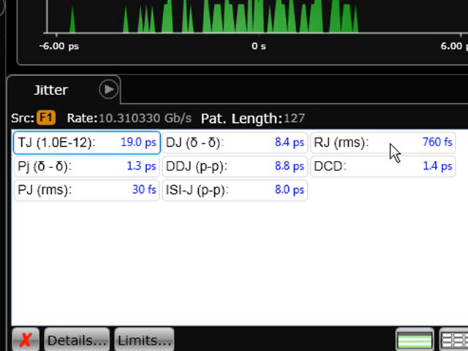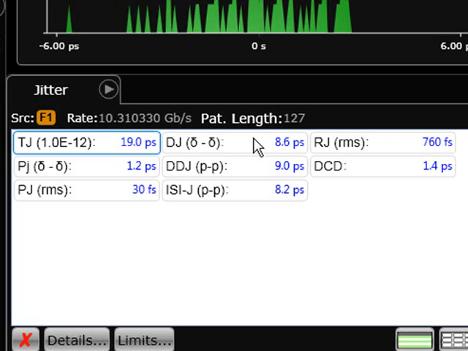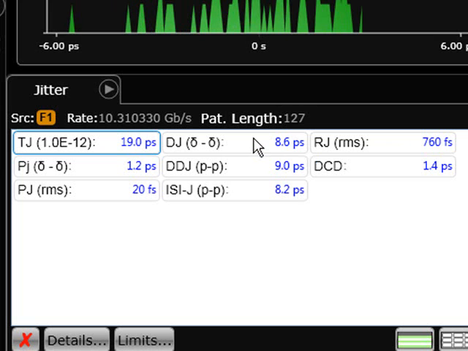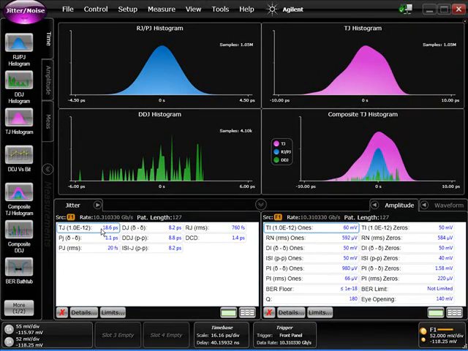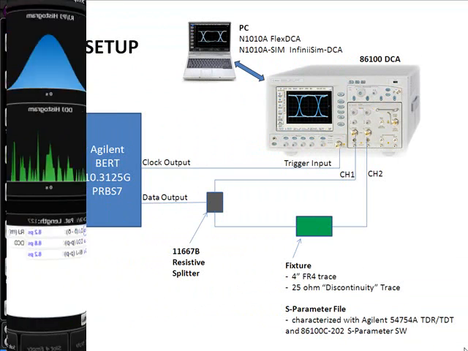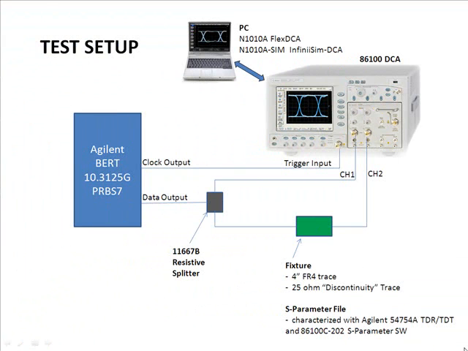And my DJ is back at 8.5 picoseconds, which is where it was for the channel 1 original measurement. And my TJ is back at about 18.5 picoseconds.